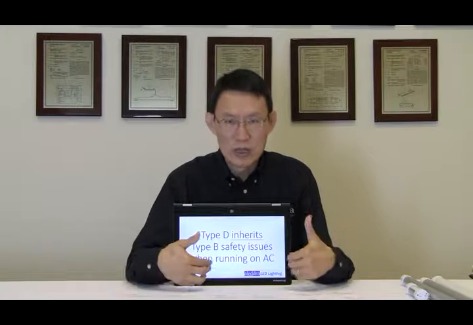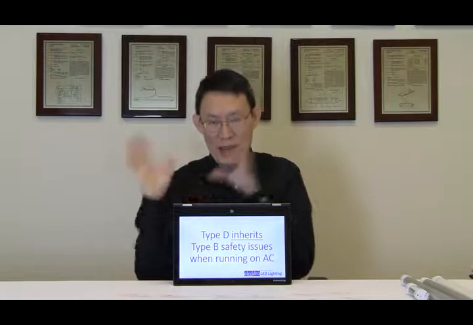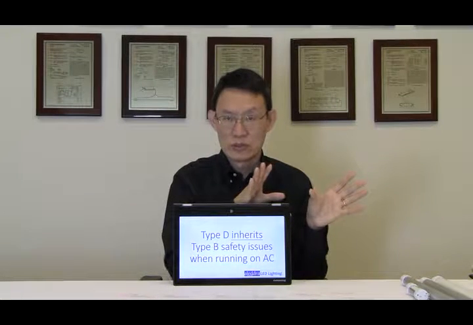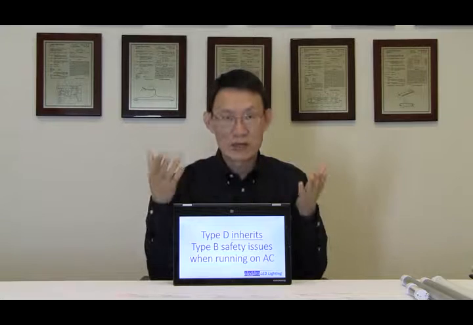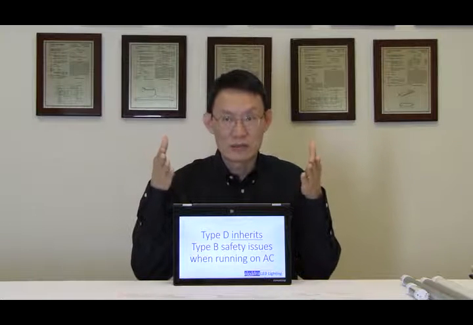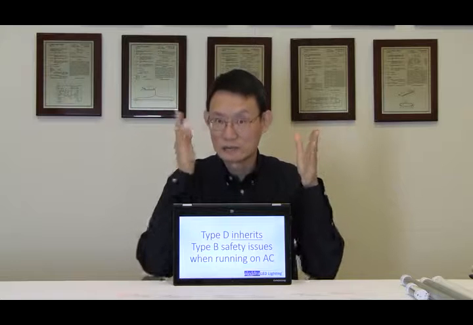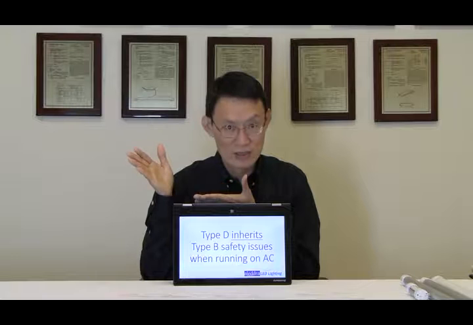I'll go into the detail, but remember now, because Type D operates in both modes, ballast and line voltage, if you retrofit one fixture at a time as the ballast dies, the generator, when it comes in, has no way of telling whether that fixture is running on ballast or line voltage, correct?